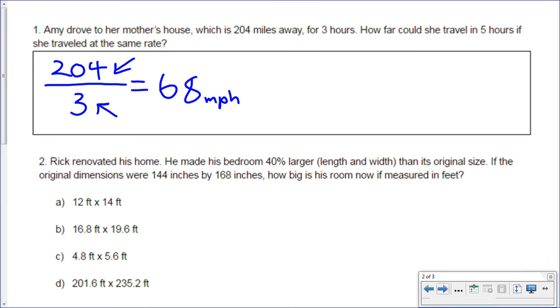Well, the question is asking, how far could she travel at the same rate in 5 hours? So if we know in 1 hour, because that's what miles per hour means, it's the amount of miles traveled in 1 hour, we know if she traveled 68 miles per hour and she drove for 5 hours, then that would be, I believe, 340 miles.